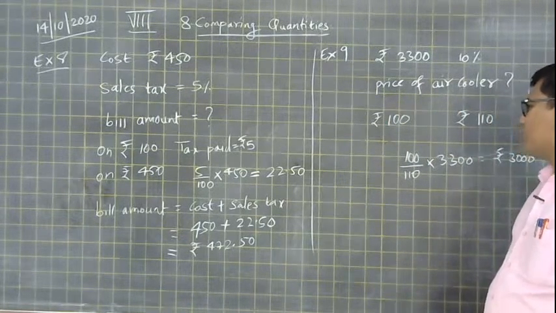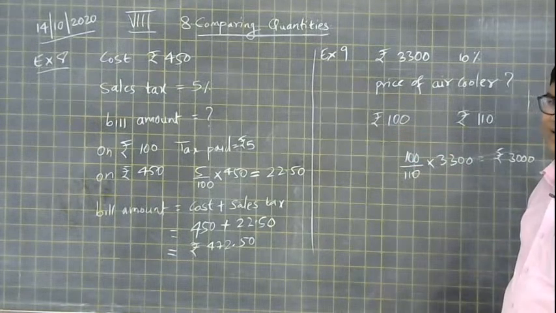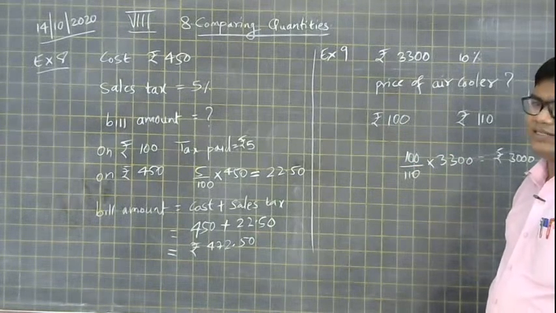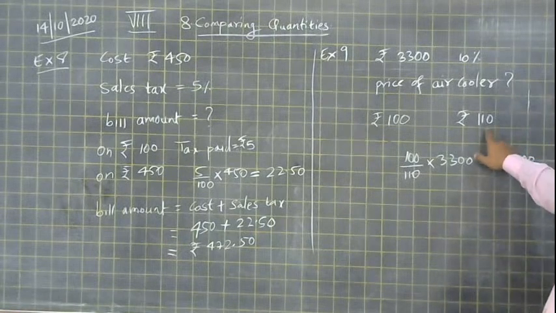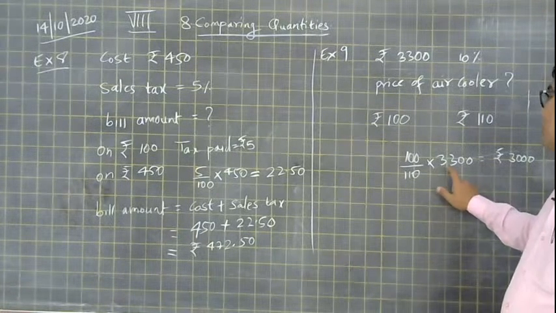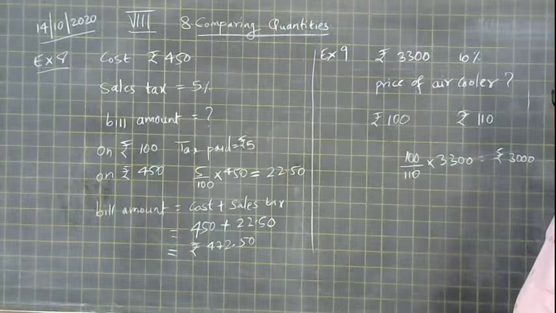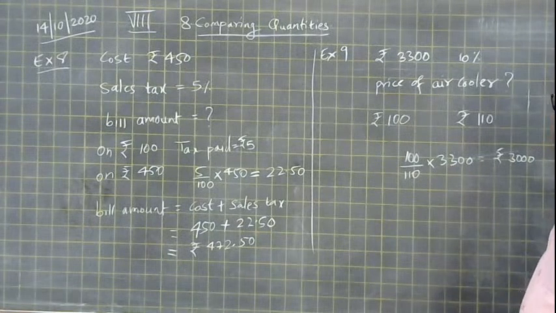When the price of the air cooler is 100 without VAT, then with VAT it will be 110. So we find the price when the cost price is 3,300.